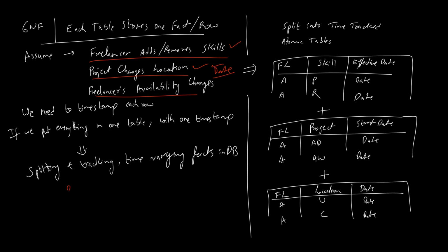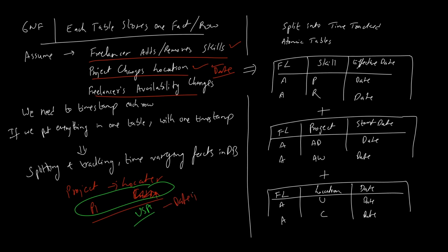If that happened, let's say project P1 is working in India right now, and suddenly it shifted, and we just have USA here, then what would happen? There would not be any record of the project ever being in India. That's why it has to be timed. USA with the date or time, the timestamp, and India with the start and the end time over here.